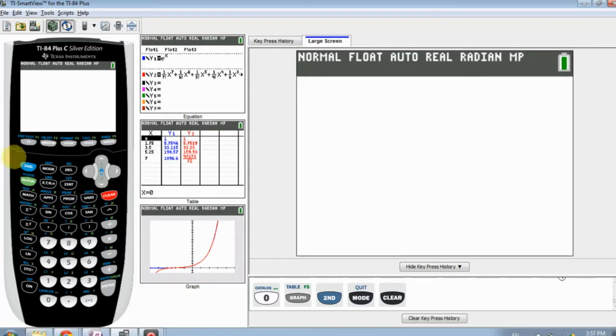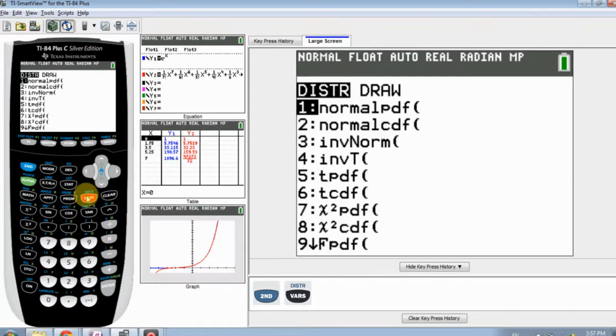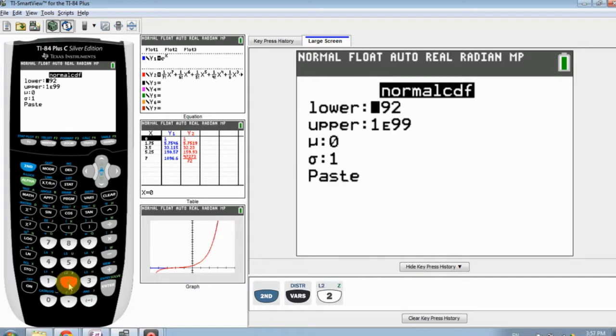Okay. Second, vars. Normal CDF, which is number 2. Our z-score is 0.8, right? So 0.8 to infinity.